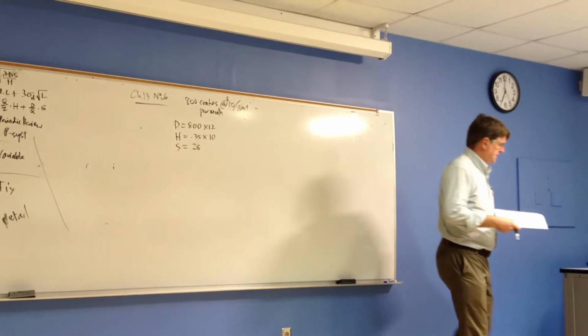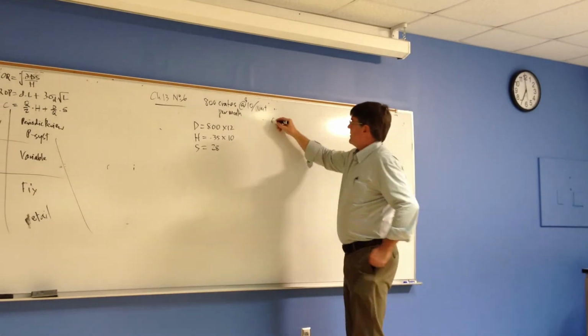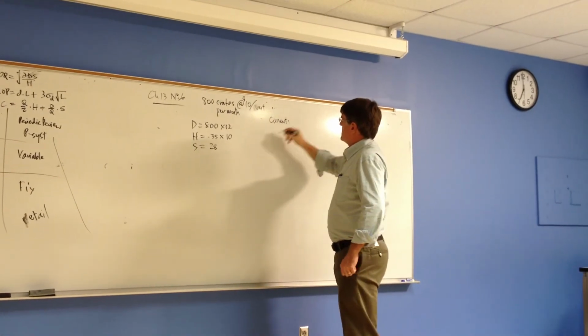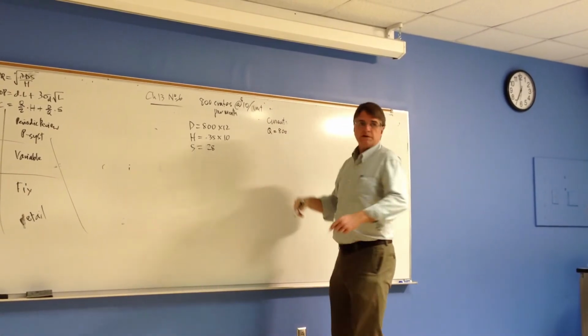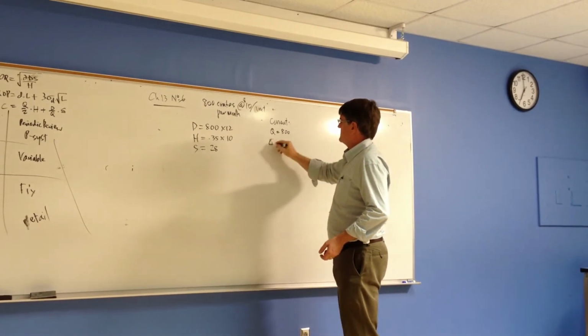So there's a comparison. Currently they're ordering once a month. So the current picture is Q is 800, because that's what they're consuming in a month. So I can compute my cost.